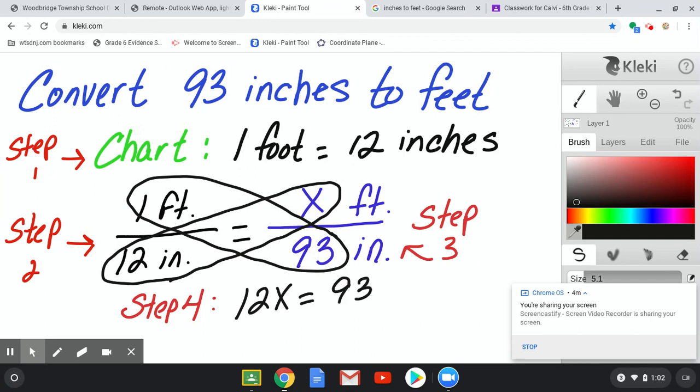Now, we all know how to solve an equation to get the variable by itself. In this case, when a numeral is next to a variable, that's multiplication. We always have to do the opposite to get the variable by itself. So in this case, we are going to divide to get the variable by itself.